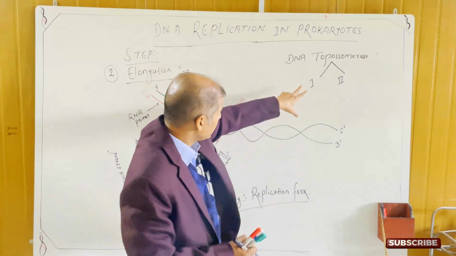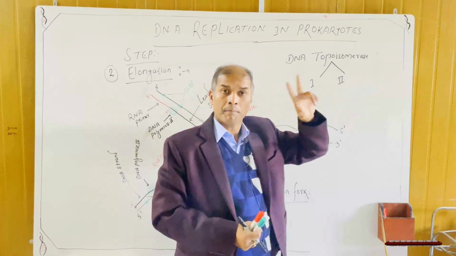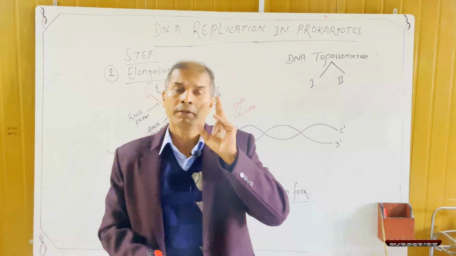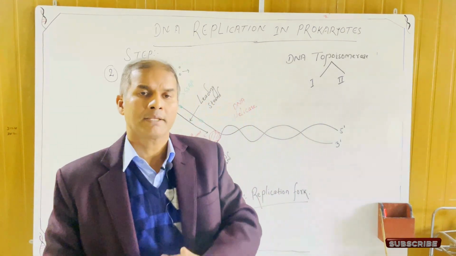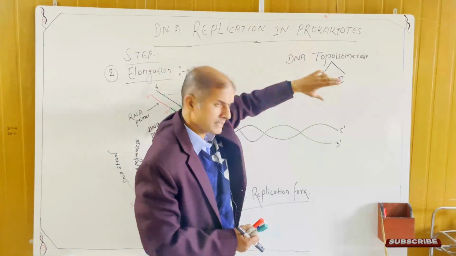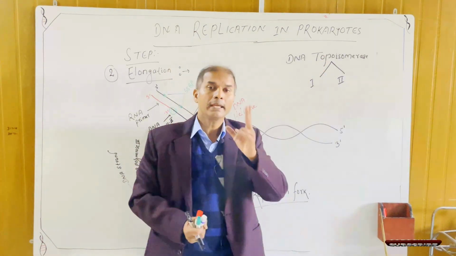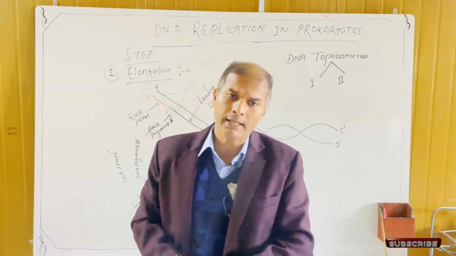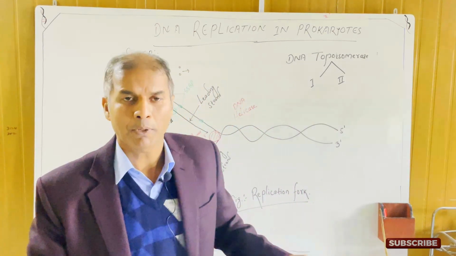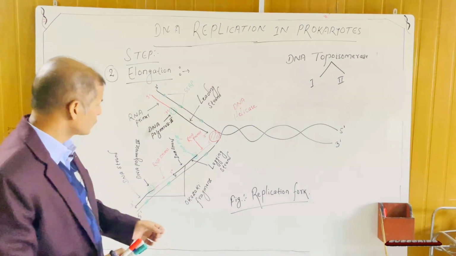DNA topoisomerase 1 and 2 have nuclease activity as well as ligase activity. So topoisomerase 1 cuts only one strand, and topoisomerase 2 cuts both strands of DNA and relaxes the supercoiling of DNA. This is the role of topoisomerase.